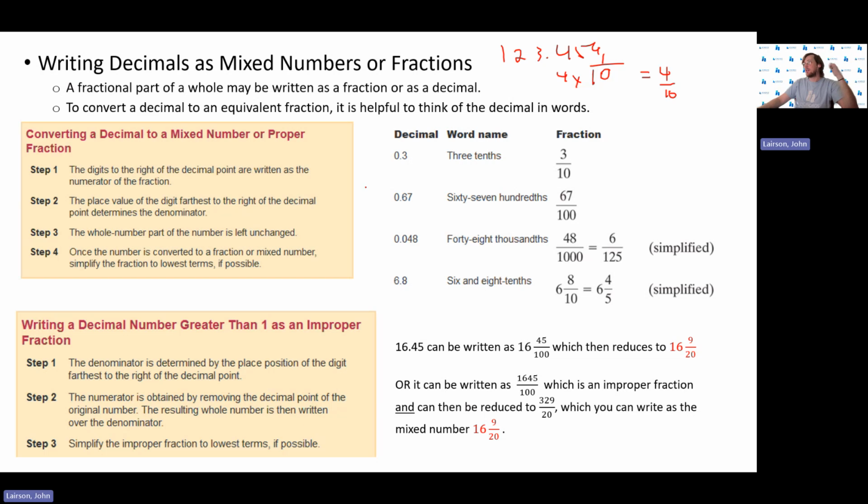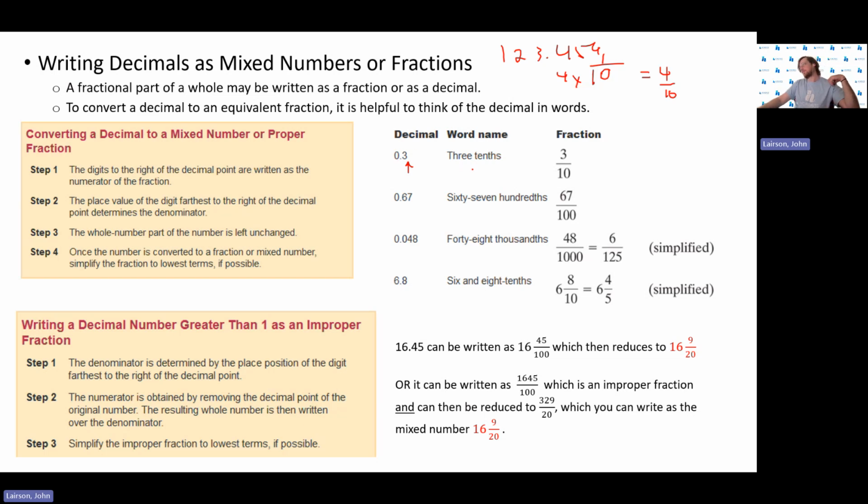Like the last slide, we look at the rightmost digit, and that tells us what number we are going to put on the bottom. So for 0.3, just ignore the decimal. If there's a 0 here, 0 point something, I'm going to ignore the 0 too.